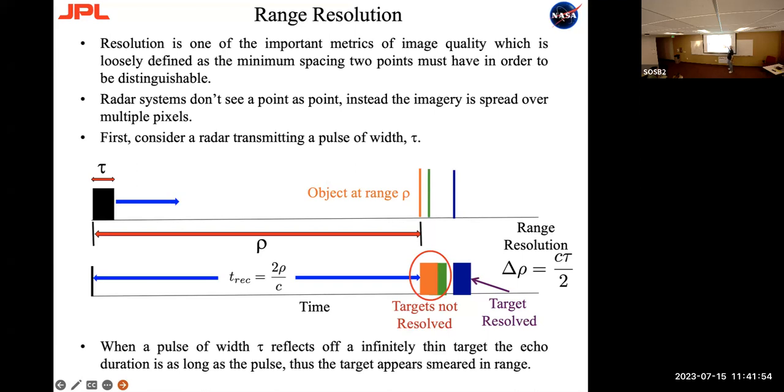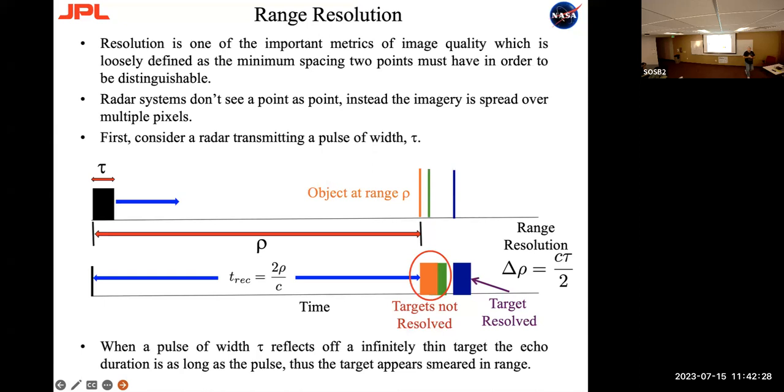But since the green guy and the orange guy are smaller in distance than the black guy, I'll eventually be getting signal back from both of them at the same time, right here. So I can't tell them apart, they blur together. But since the purple guy is separated from the green guy by more than the black length, I will eventually get through both of these two guys completely. And then there'll be a little bit of time separation, and then I'll see the purple guy. So I'll be able to separate the purple from the green and the orange, but not the green from the orange. Does that make sense?